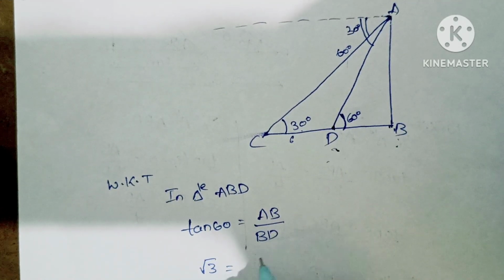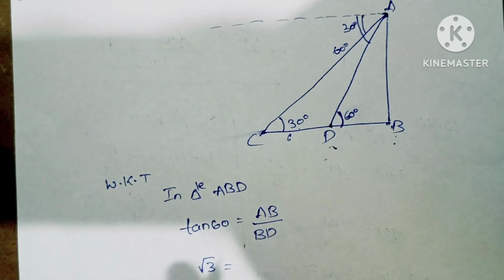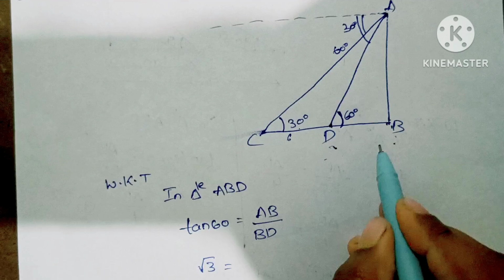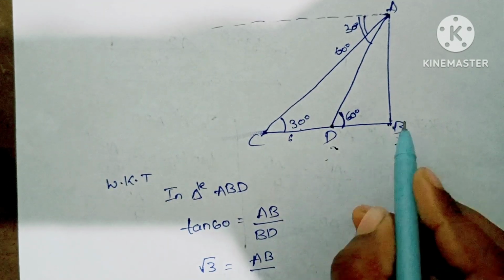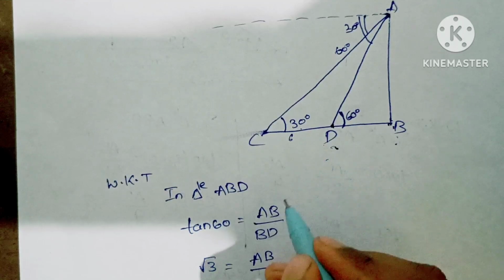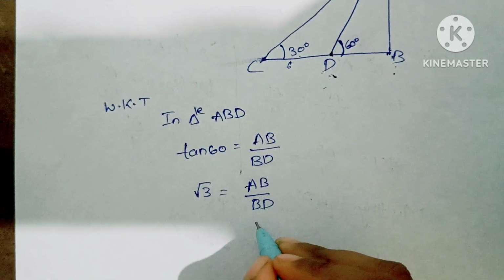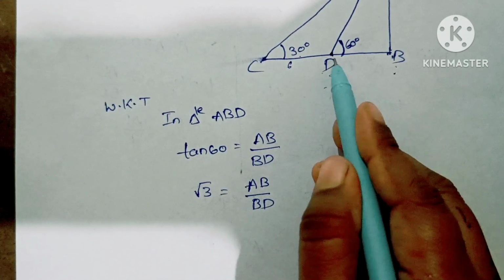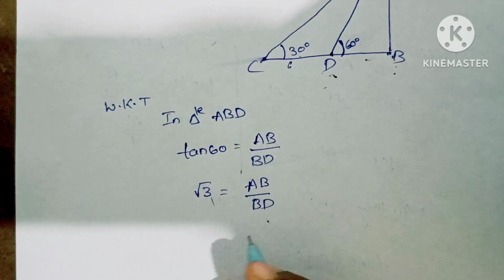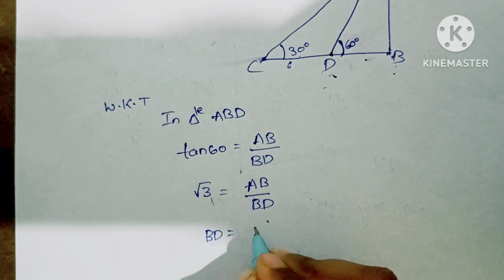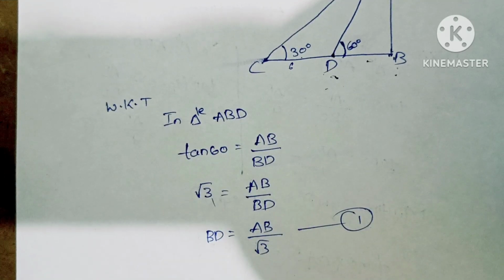Root 3 equal to AB by BD. AB we don't know, BD we also don't know. That's why root 3 equal to AB by BD. So you have to find out BD, right? So I transpose BD to the left side and root 3 to the right side. Then what you will get? BD equal to AB by root 3. Keep it as equation 1.